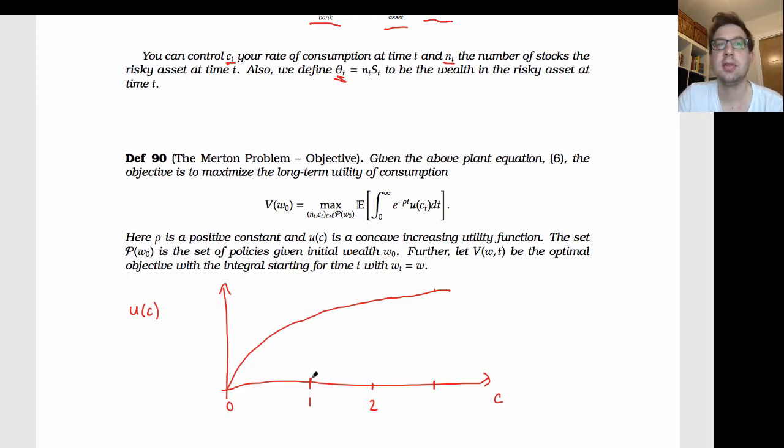Let's look at whether I would invest my £1 in that bet or not. If I just have £1, my utility is here. Whereas if I take the bet, half the time I get the utility from 2, and half the time I get a utility of 0.